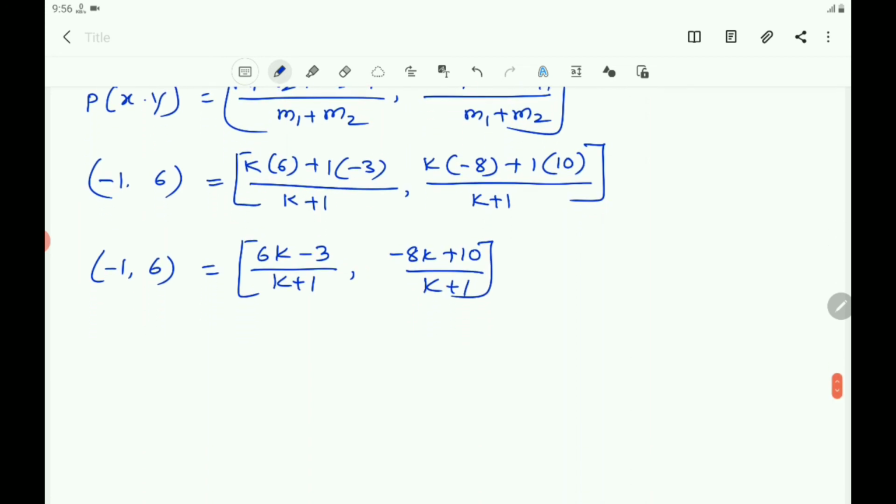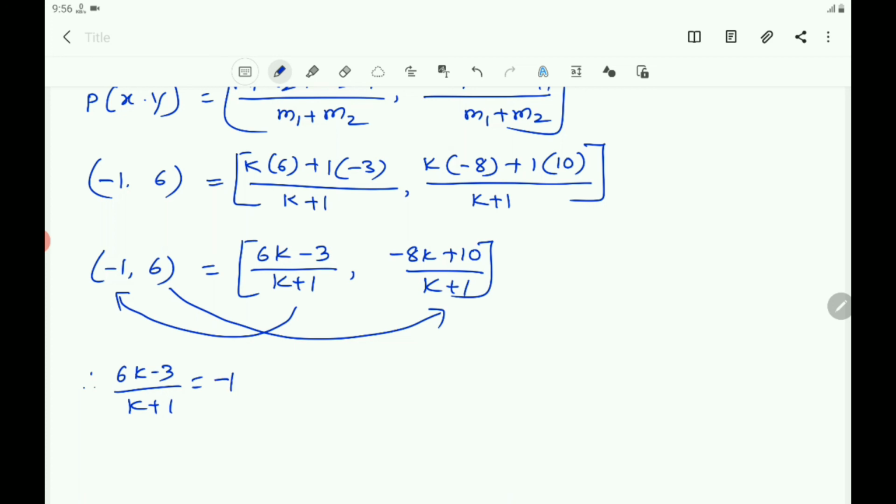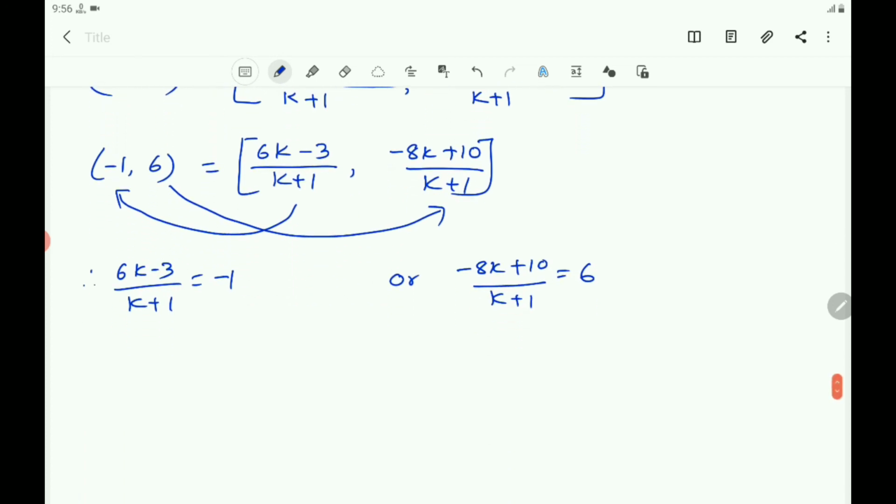Then you equate, first one for the x coordinate, and this one for the y coordinate. Therefore, (6K minus 3) by (K plus 1) equals minus 1, or you take (minus 8K plus 10) by (K plus 1) equals 6. Then you solve for K by taking any one of the relations. You write 6K minus 3 equals minus 1 into (K plus 1).